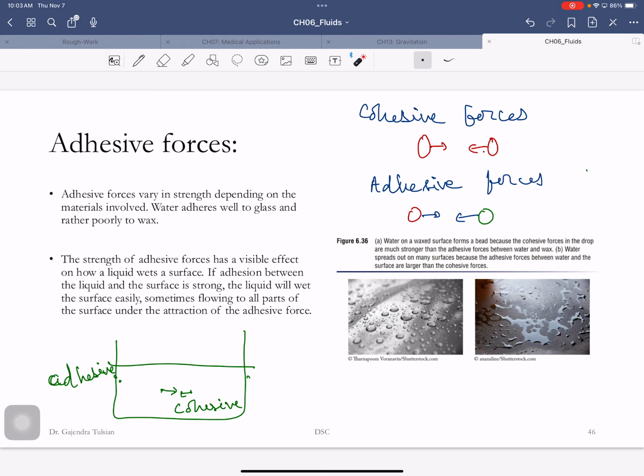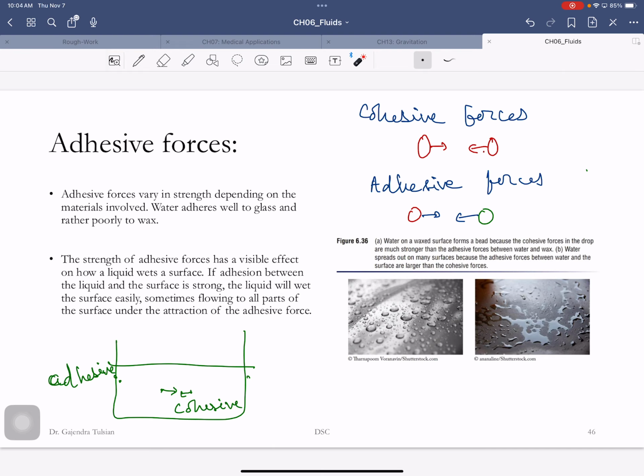This is the same water on the same glass surface, except that the glass was waxed. Water spreads out on many surfaces because adhesive forces between water and the surface are larger than the cohesive forces. So when this happens, the adhesive forces are larger than cohesive forces and it spreads out.